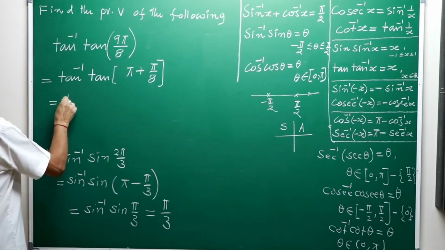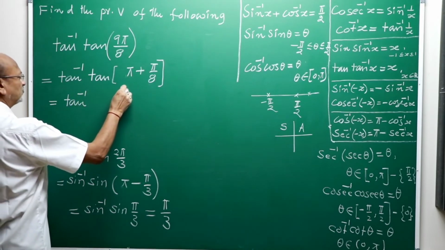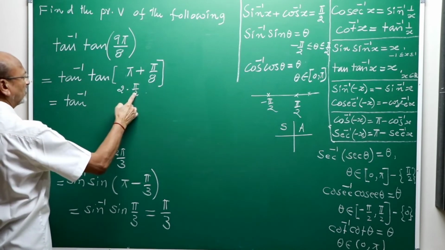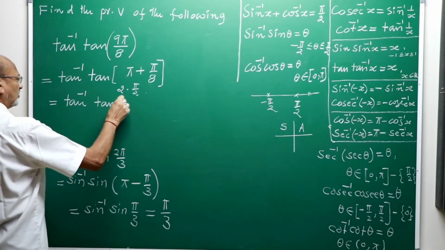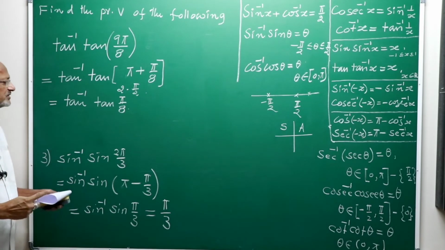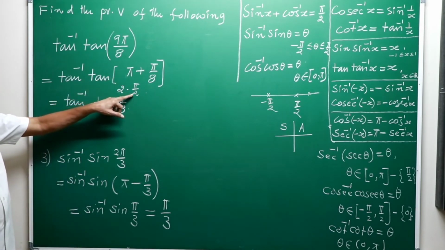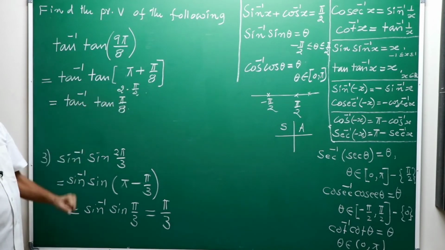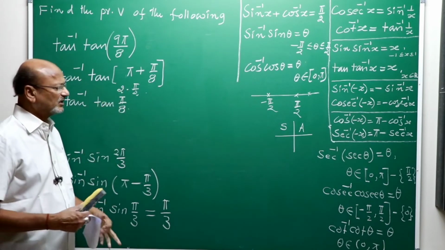This is equal to tan inverse of tan. Pi can be written as 2 into pi by 2, an even multiple of 90, so no change: tan of pi by 8. What about the sign? 2 into pi by 2 plus pi by 8, 2 plus 1 means third quadrant.